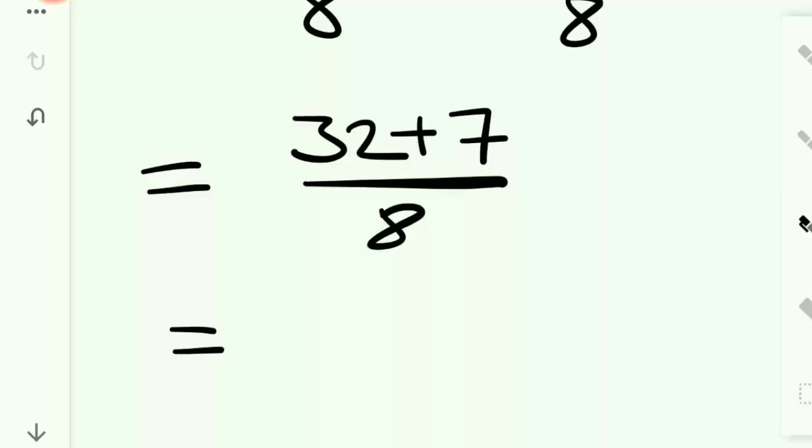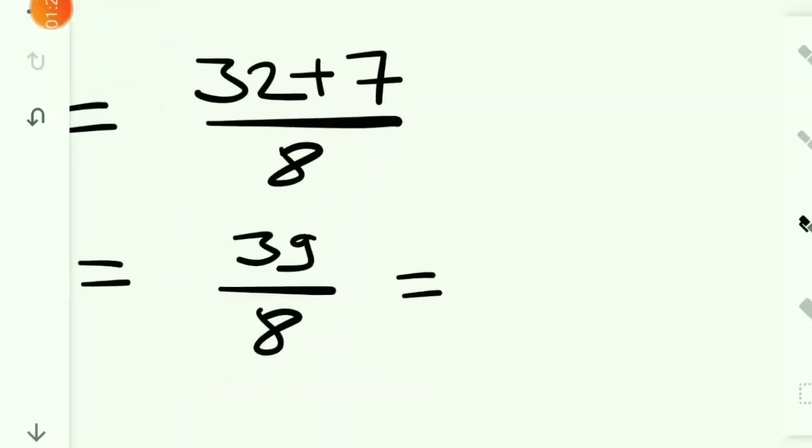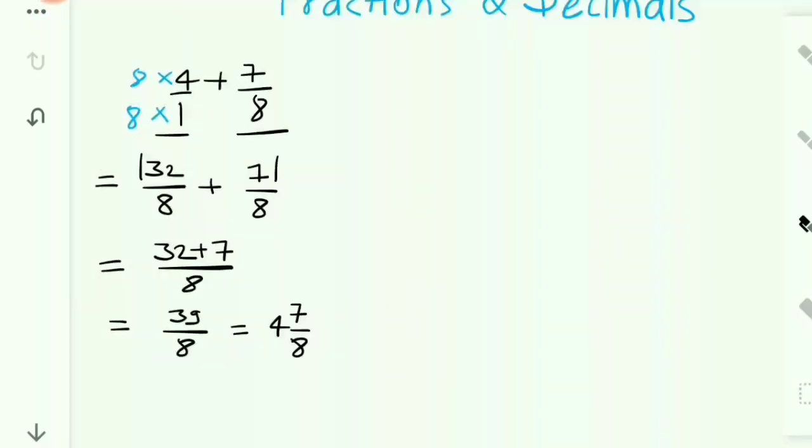So what do we have here? 32 plus 7 is 39 divided by 8, which we have to convert into a mixed fraction. This will essentially become the same number, just this addition sign will be removed. Understood?